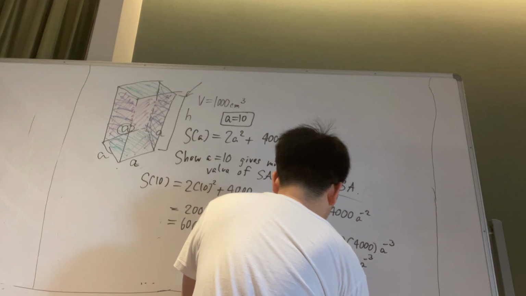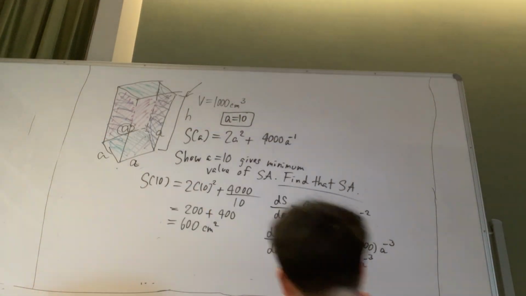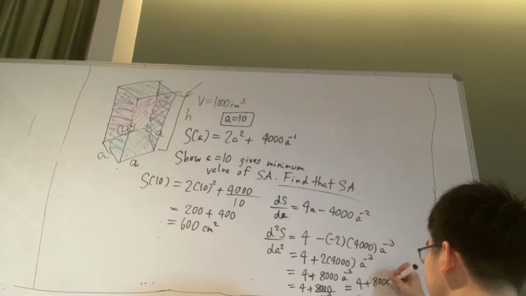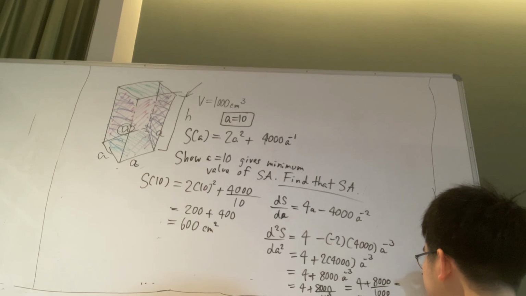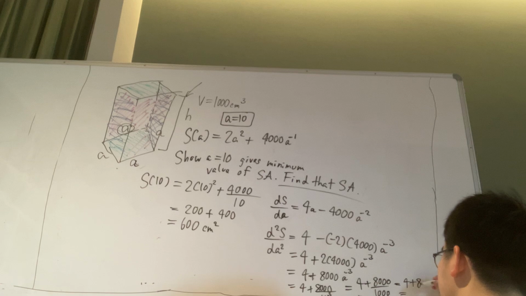over 10 cubed. Which is 1,000, right? I'm not making this up, right? Yeah, that's 1,000. 4 plus 8,000 divided by 1,000. So that's 4 plus 8, and that's 12.